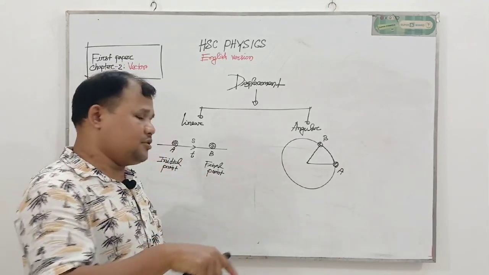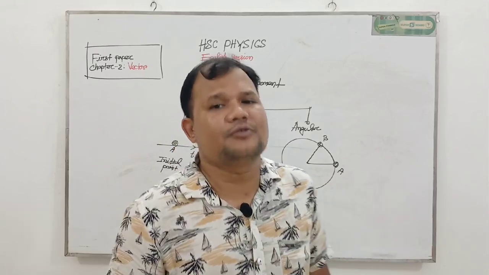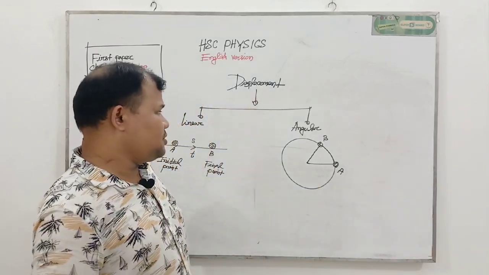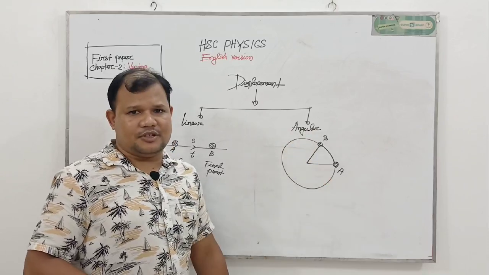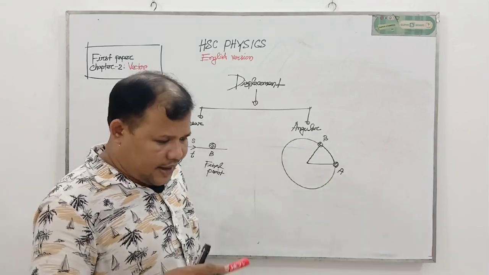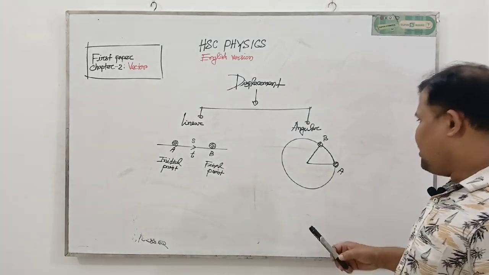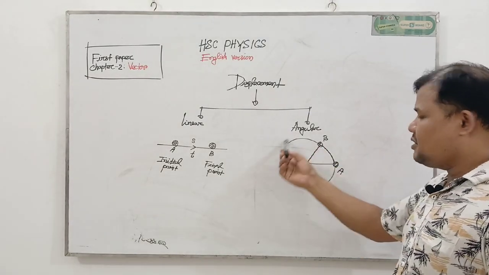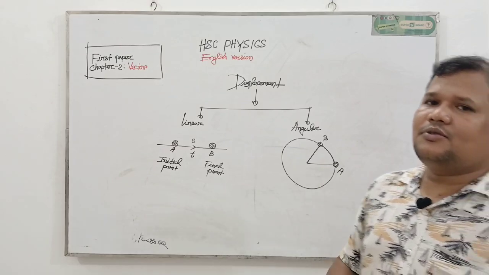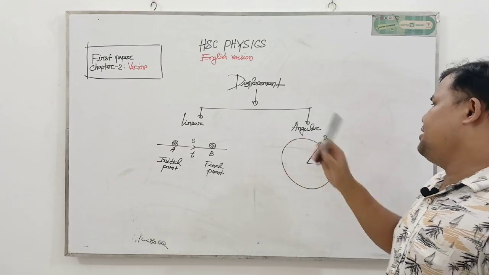When any object rotates around a circular path, the displacement is called angular displacement. Again, when any object rotates around the circular path, the displacement is called angular displacement.